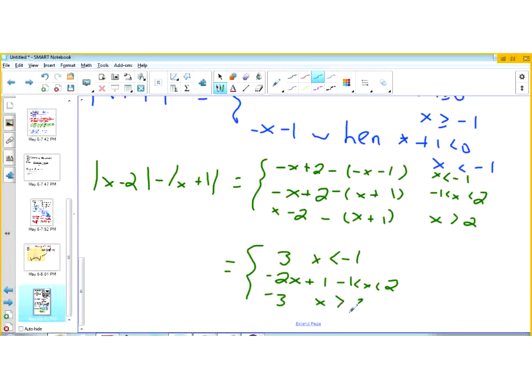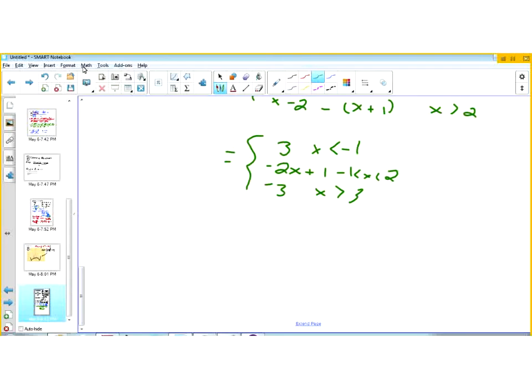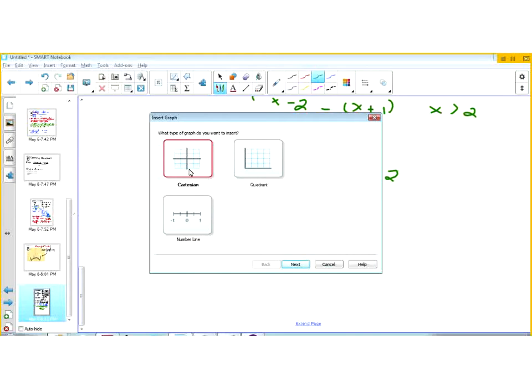And it would be minus 3 for x greater than 2, right? So our graph would look like this.